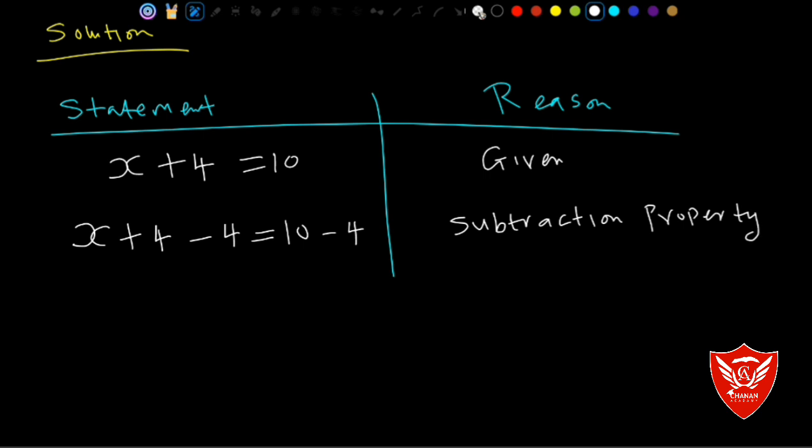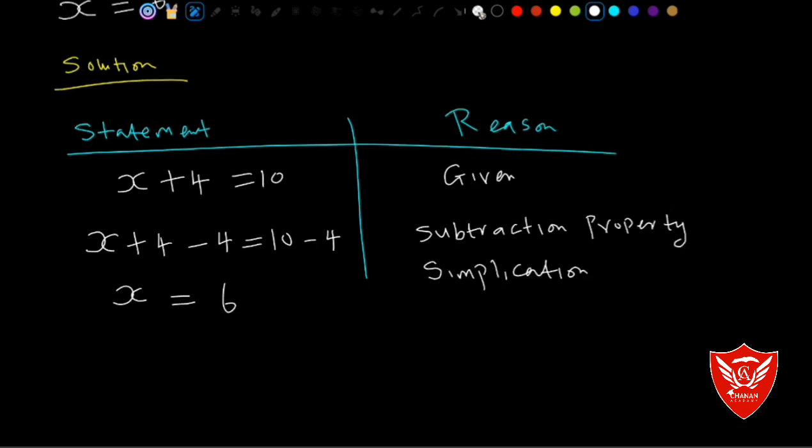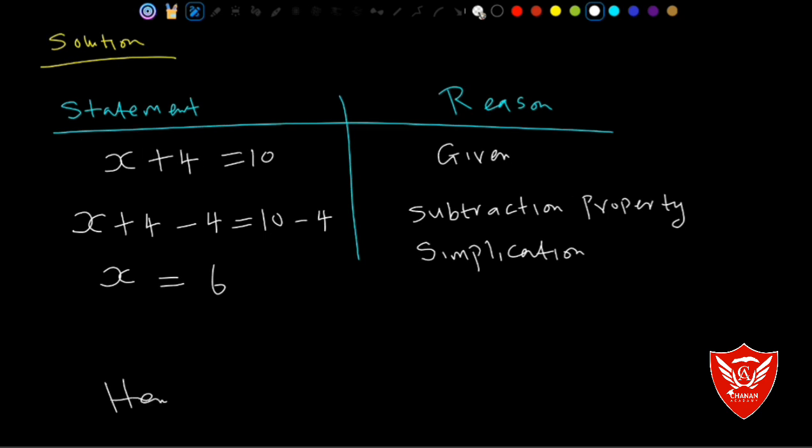So we are using the subtraction property to see if x is equal to 6. If you subtract 4 from the left hand side, you're going to have just x. And if you say 10 minus 4, you're going to have 6. So it means that x is actually equal to 6. This is simplification. Alright, hence proved. So it has been proven that x plus 4 equal to 10 if x is equal to 6.